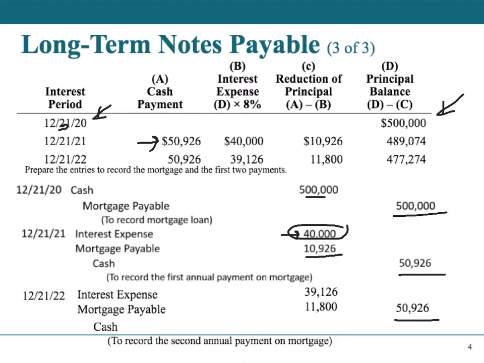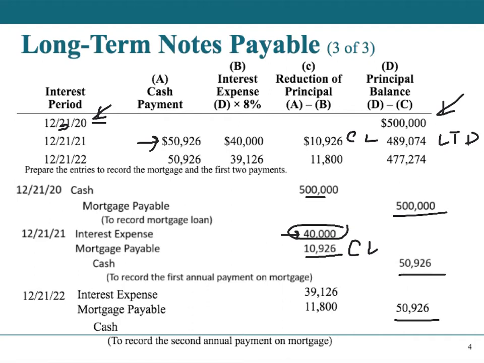Therefore, as of 12/31/20, this is the current liability as of the balance sheet date. And then the remaining balance, 489,074, is long-term debt. So again, the overall total is 500,000, but it's split between the two portions.